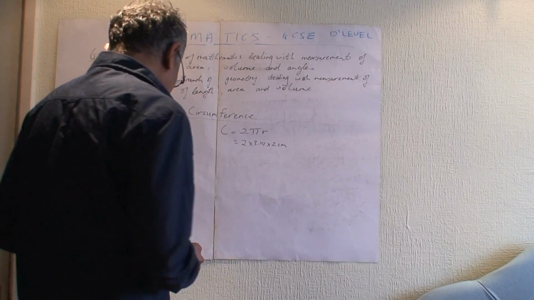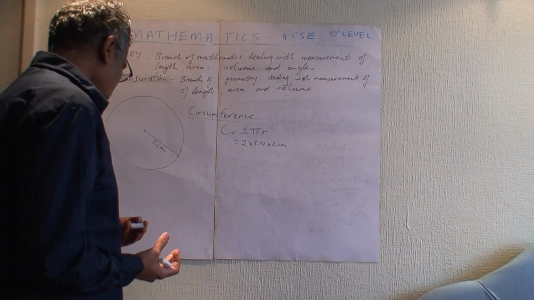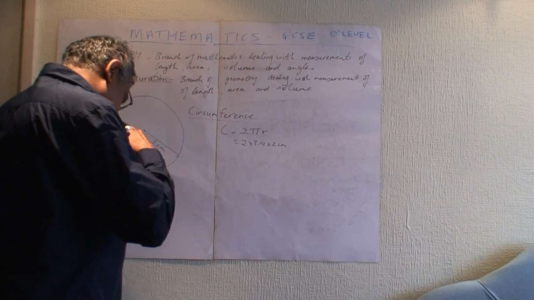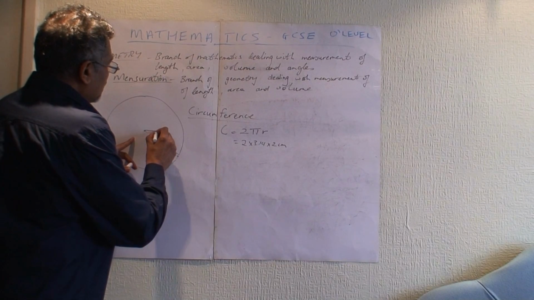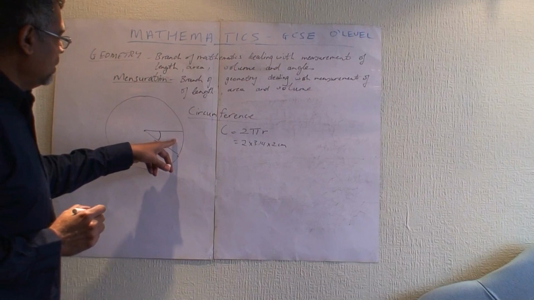Now, what if you want to find the area of a certain sector? We found the area of a circle as pi r squared, but what if now we have that bit in there, and we want to find this.